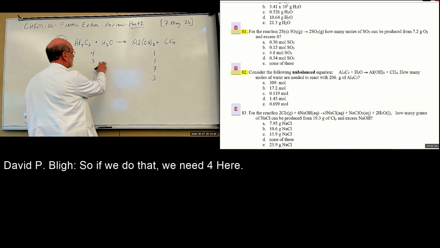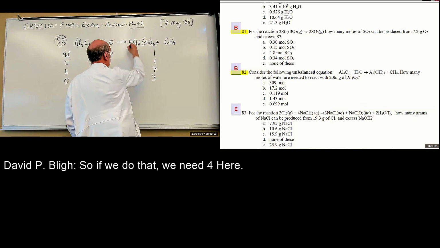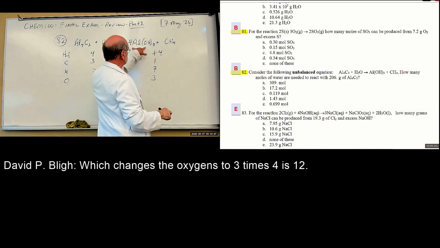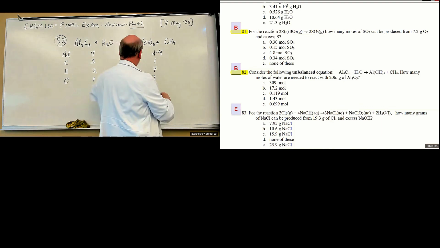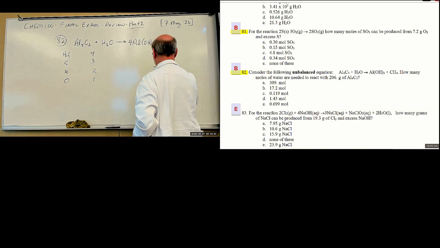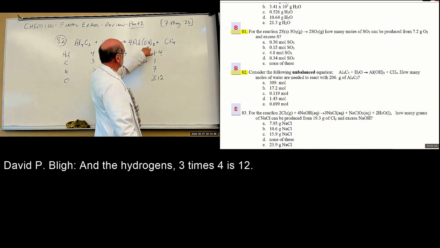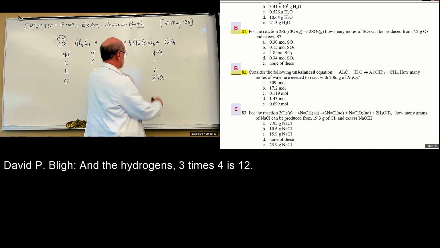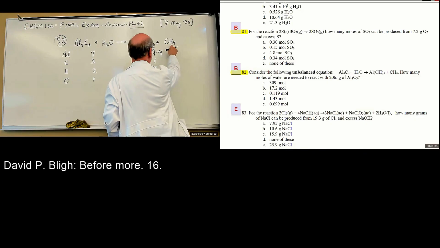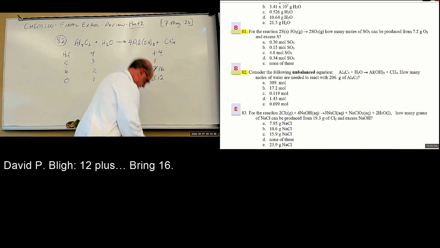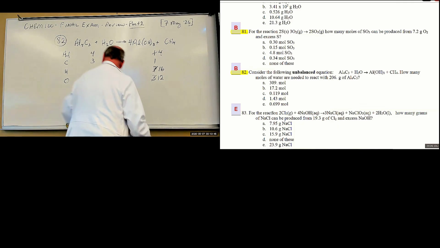So if we do that, we need 4 here, which changes the oxygens to 3 times 4 is 12. And the hydrogens, 3 times 4 is 12. But 4 more, 16. 12 plus 3 is 16.